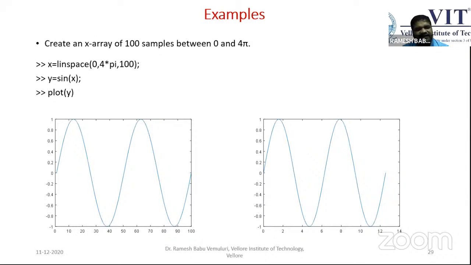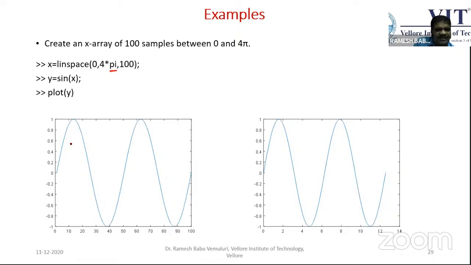So we can take one example here, where X equals linspace 0 to 4 pi, 500 points. So 22 by 7 is the pi value, so this normally represents pi. Here we can see the pi. So this is linspace x, then sin x, plot y.